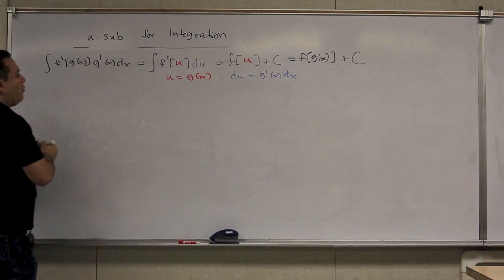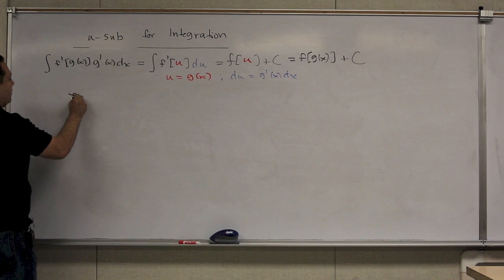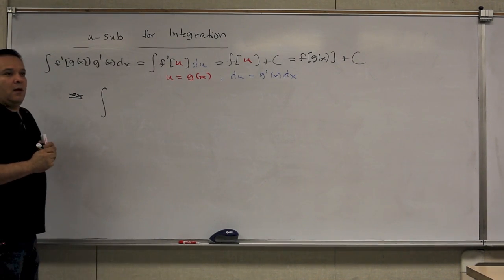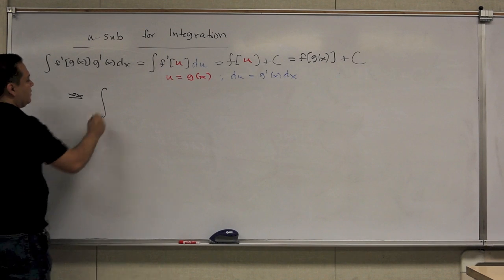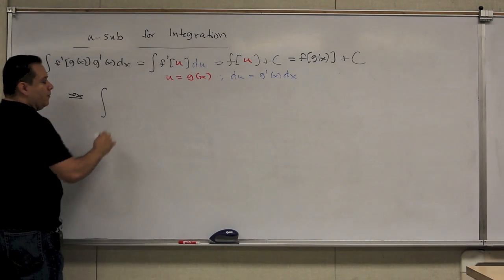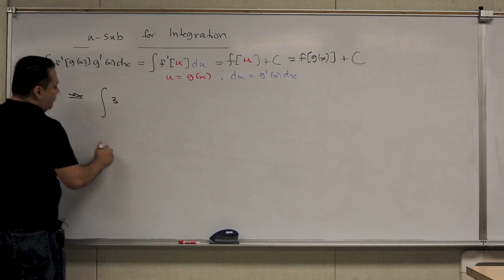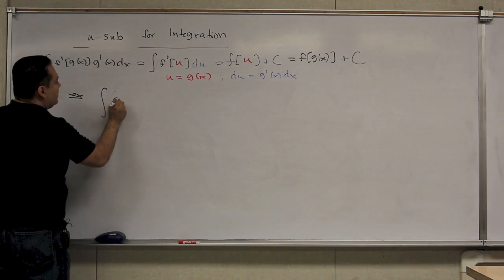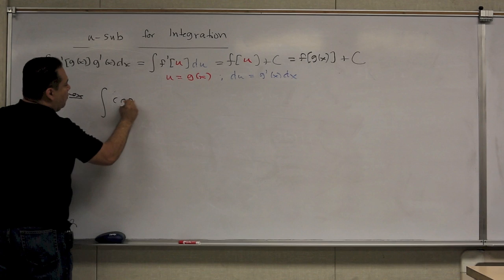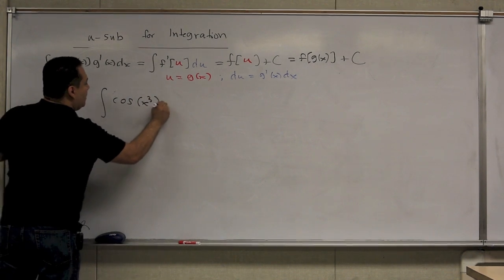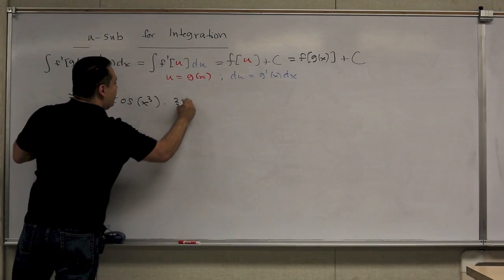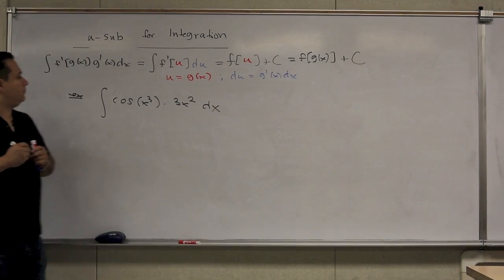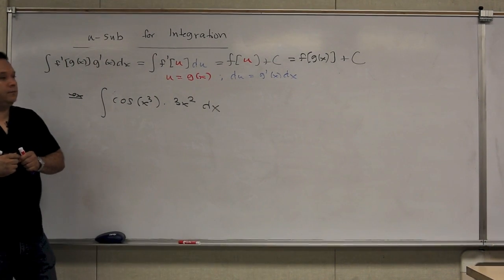So let's give you an example of what we're talking about here. Let's integrate, for example, let's keep it simple, say this is the integral of cosine of x cubed times 3x squared dx.